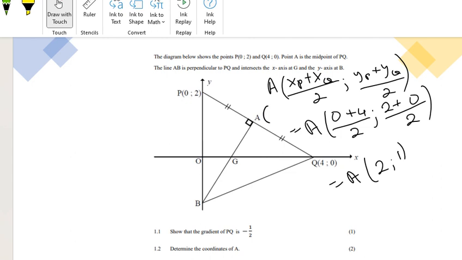So the coordinates of A are (2; 1). So this is your final answer.